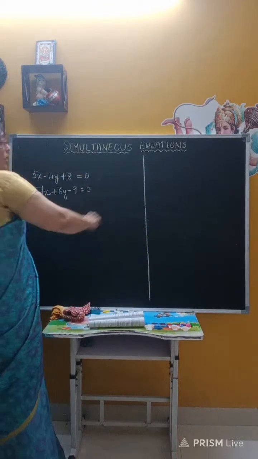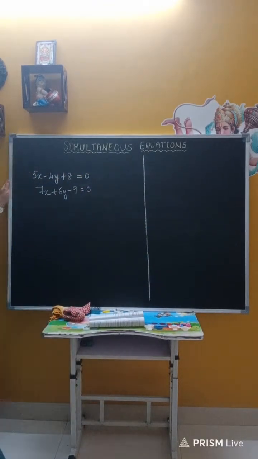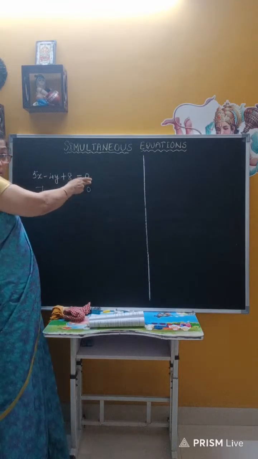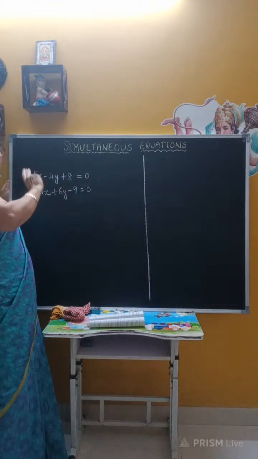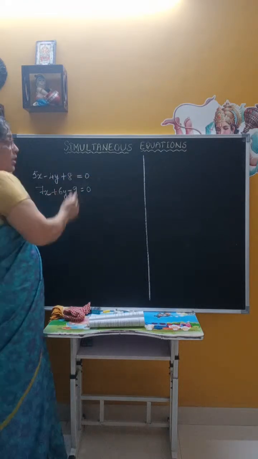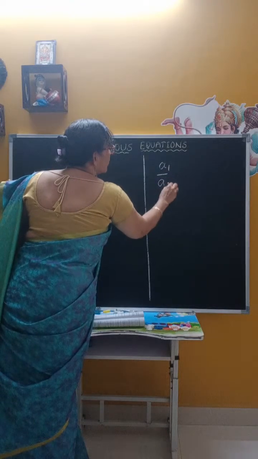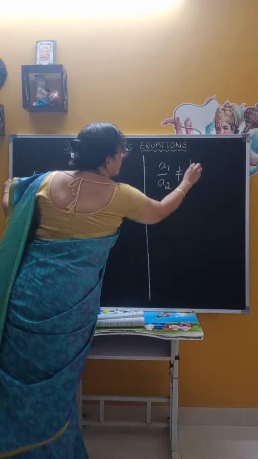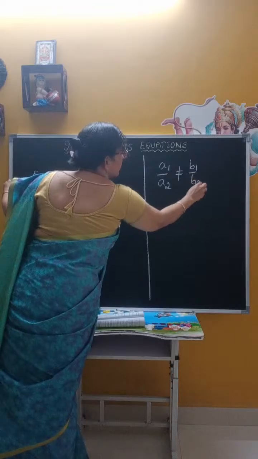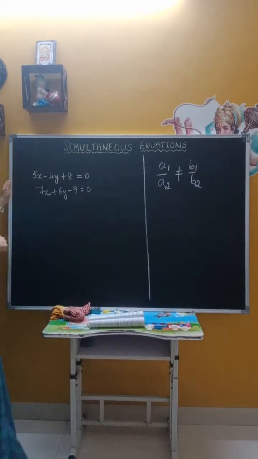A pair of linear equations, or a pair of lines, are intersecting, or the pair of linear equations are consistent, if a1 by a2 is not equal to b1 by b2. This is the condition for intersecting lines.